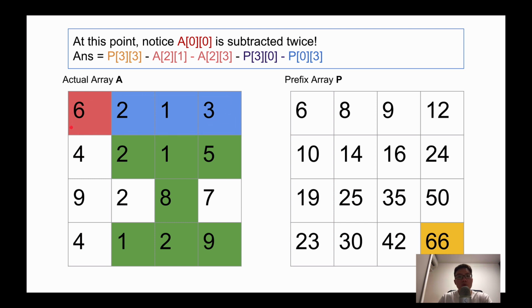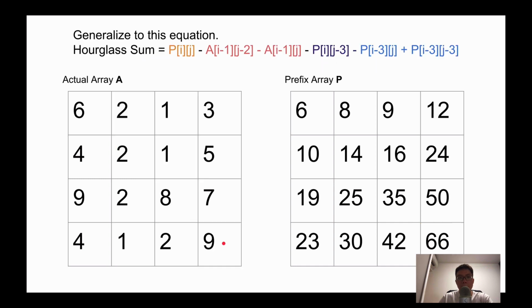At this point, you might have noticed that A00, which refers to this red element, the element 6, is subtracted twice. To rectify this mistake, we can add it back. So we add P00 back, which is 6. And that is it to calculate the hourglass sum for this.